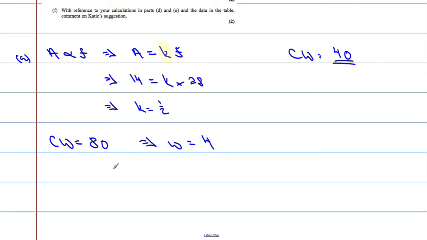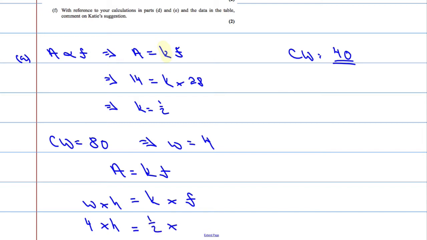And we know that the area is going to equal k times f. The area is the width times the height, and it's going to equal k times f. Let's substitute in what we know. The width is 4. The height we're going to work out. k is a half; we've calculated that.